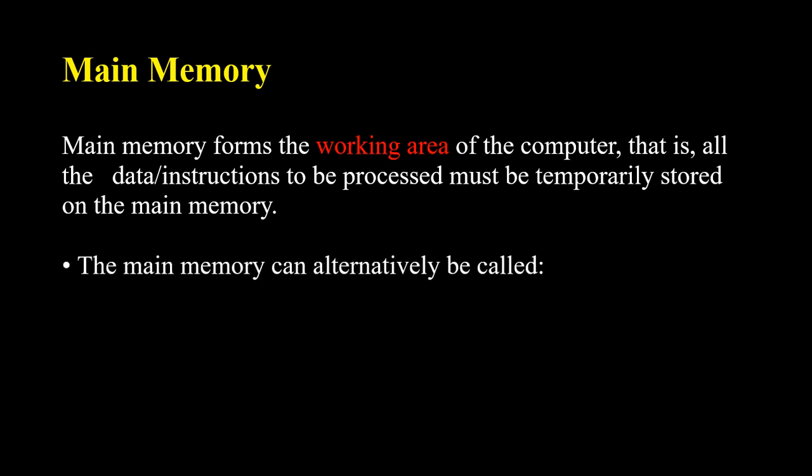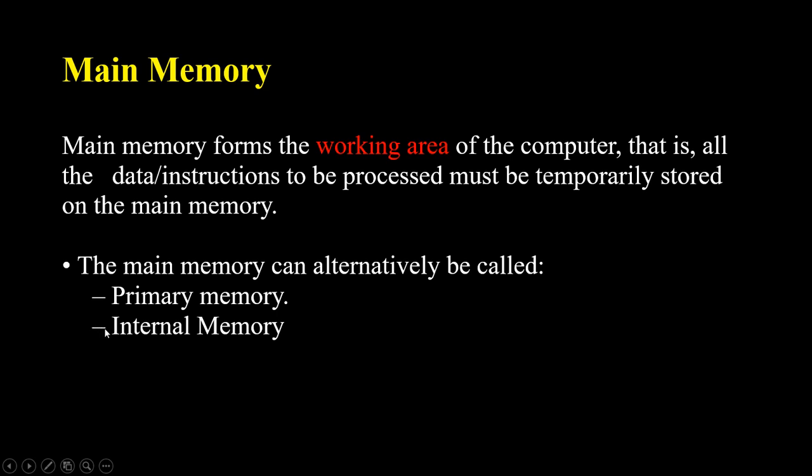Let's continue studying main memory. That main memory can alternatively be called, so mark these names properly, because you may always hear people mentioning them. It is known as primary memory. Main memory is known as primary memory. It is a memory that is very important. So primary memory, or internal memory.